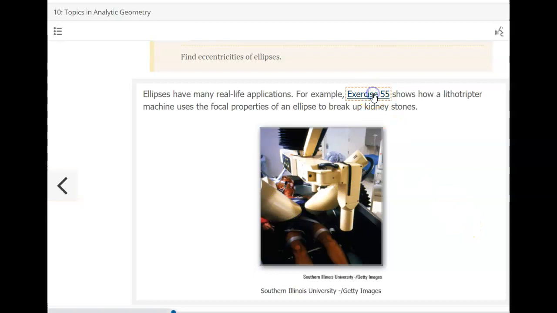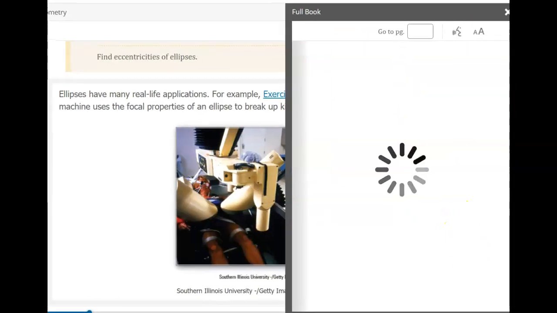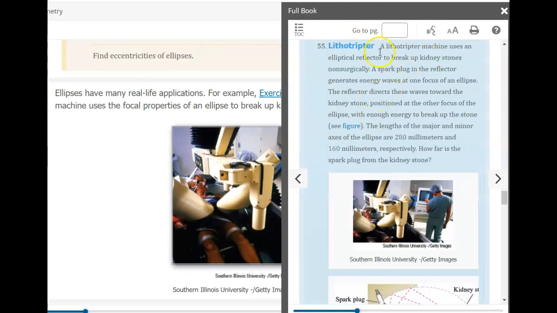So just so you know how it looks, the problem here: a lithotripter machine uses an elliptical reflector to break up kidney stones non-surgically. If you ever had one of those, they hurt, and passing them hurts worse.